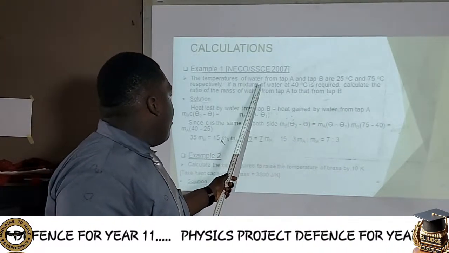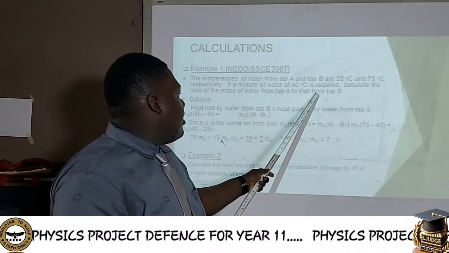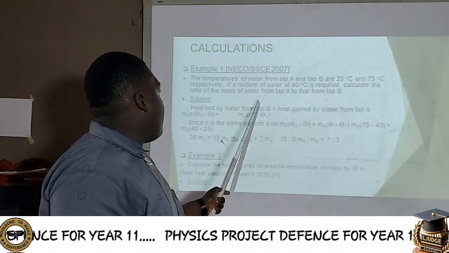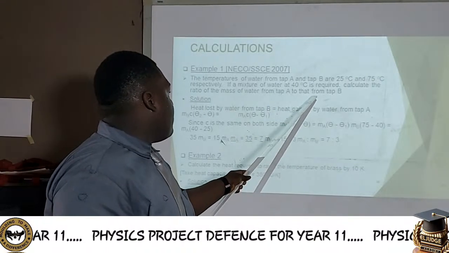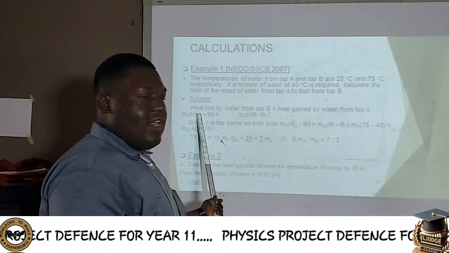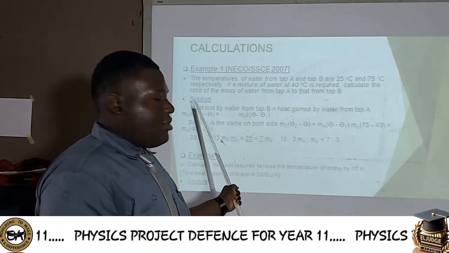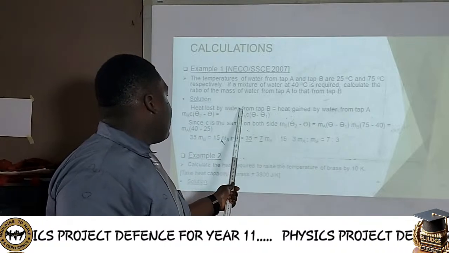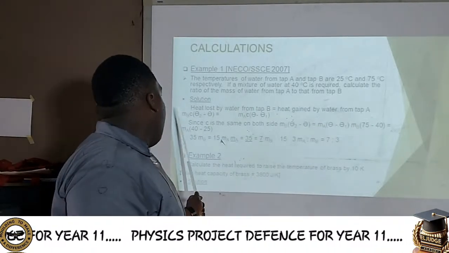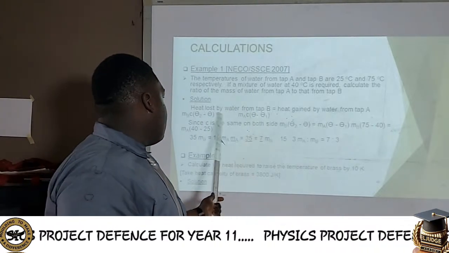If a mixture of water at 40 degrees Celsius is required, calculate the ratio of the mass of water from tap A to that from tap B. Before you start solving, you give out your parameters so you won't be confused. Heat lost by water from tap B equals heat gained by water from tap A. So this is the formula that you use to solve it.